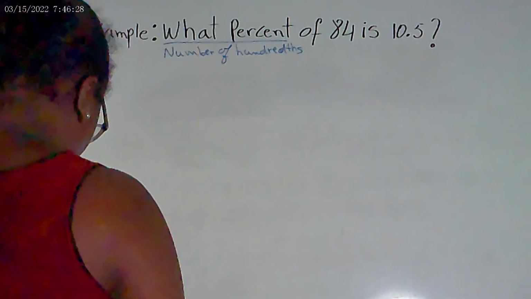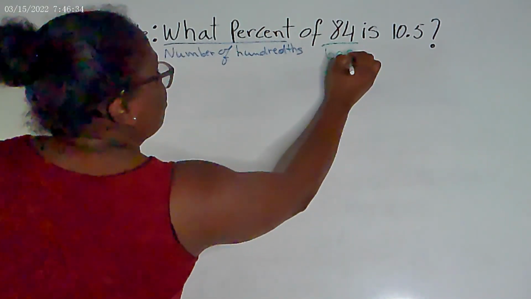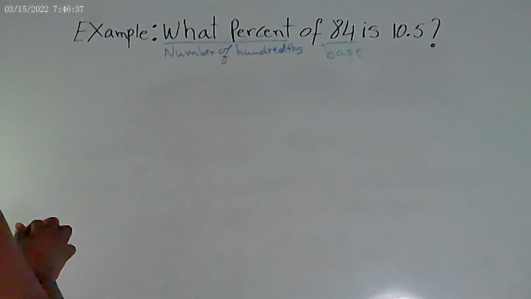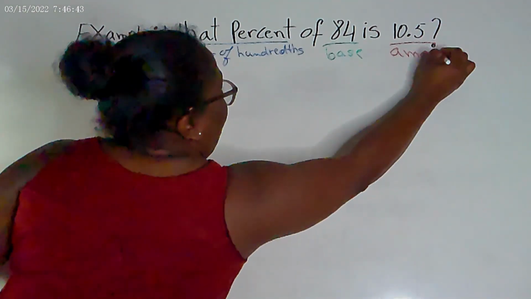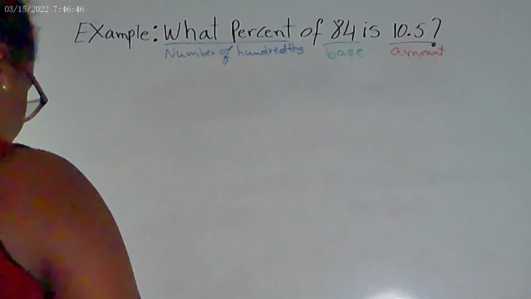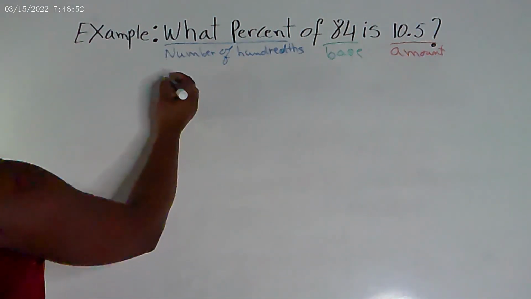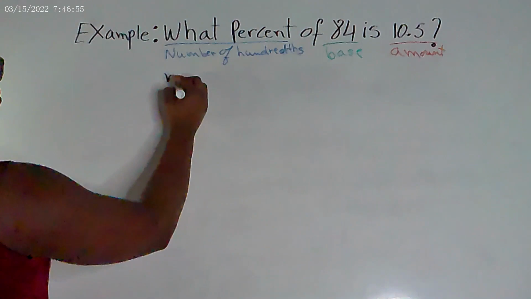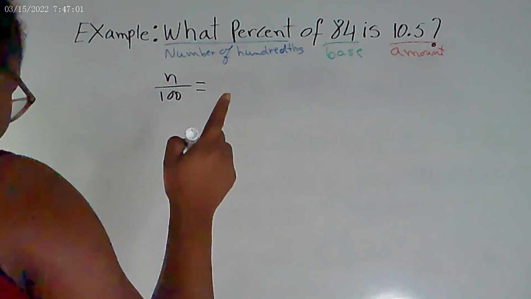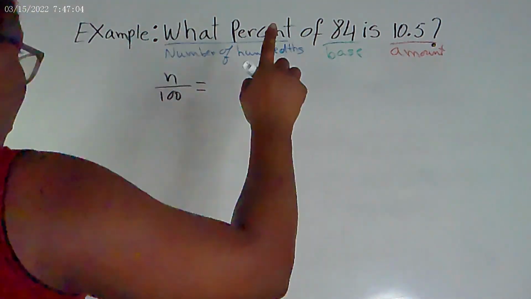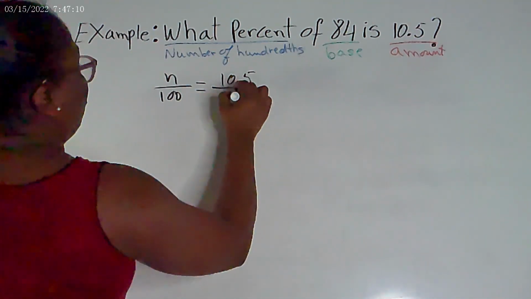And 84 is the base, and 10.5 is the amount. Okay? So now, let's translate. So the percent is n over 100. You have the base and the amount. So you have 10.5 over 84.